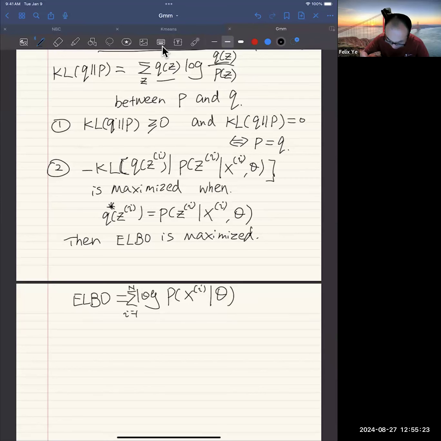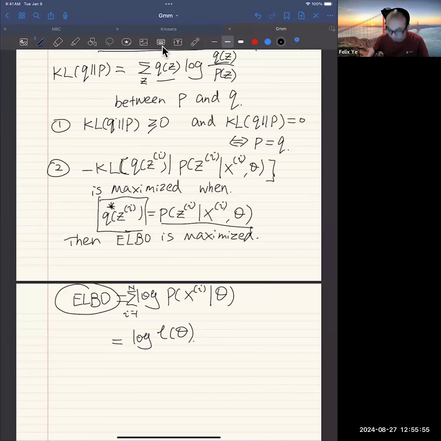This is nothing but the log likelihood function. So if we try to maximize the evidence lower bound, the maximum is reached when we set this Q star equal to p right here.